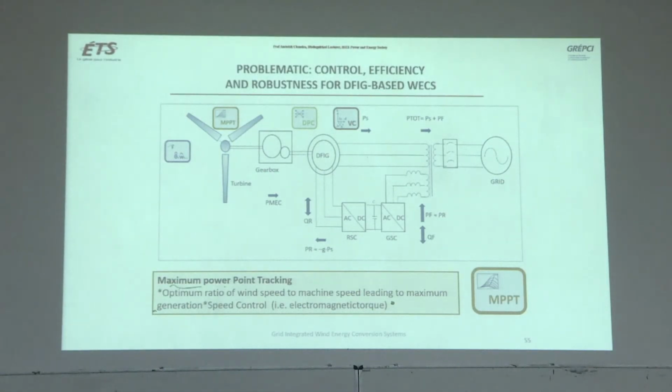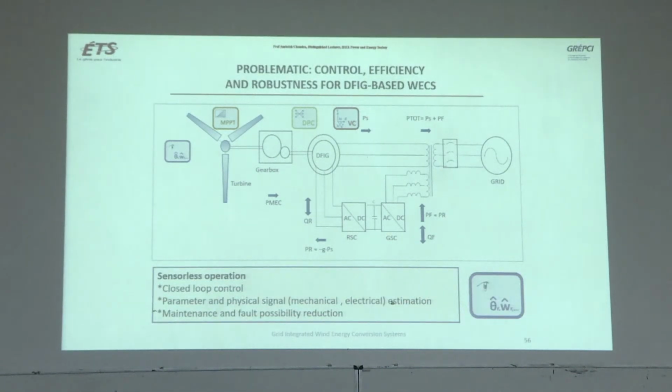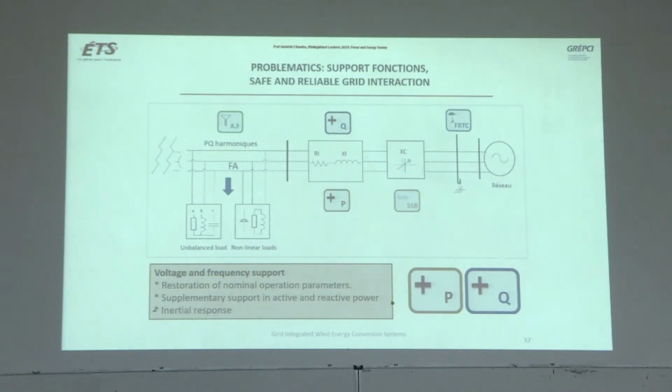You can do maximum power point tracking as we did in PMSG. Sensorless operation is possible here, and you can estimate position and speed. You can do direct power control and vector control; you know the advantages and disadvantages. And then voltage and frequency support.